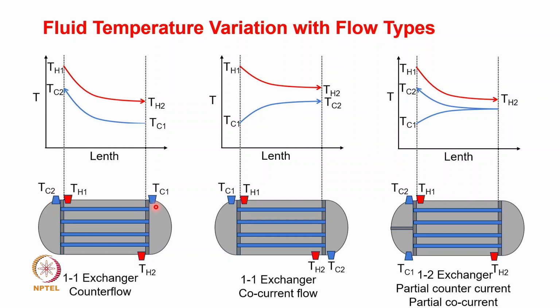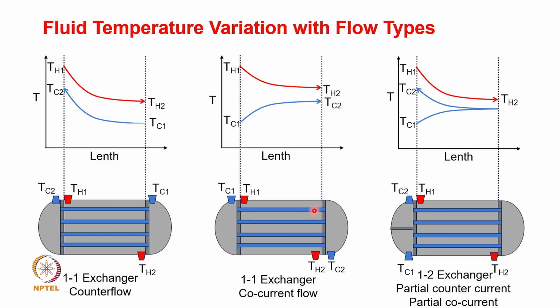So both the fluids pass each other only one time, and this is how the temperature profile looks. The hot fluid temperature keeps on decreasing from Th1 to Th2, and the cold fluid temperature keeps on increasing from Tc1 to Tc2. The noteworthy thing here is that Tc2 would always be higher than Th2.